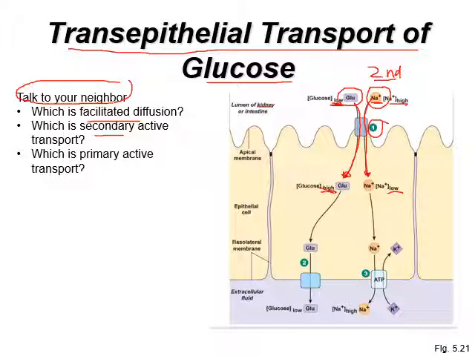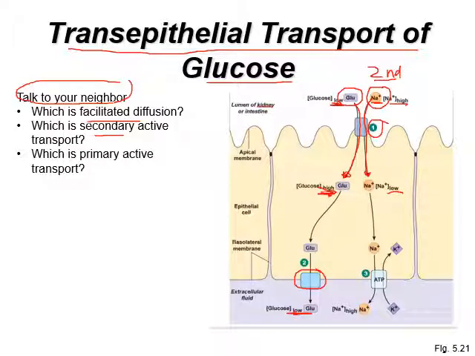Secondary. Now let's follow glucose in this direction through protein number 2. Glucose is now high in the cell and glucose is low in the extracellular fluid.